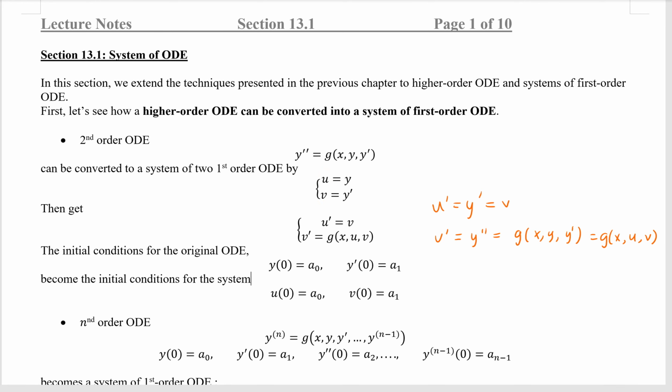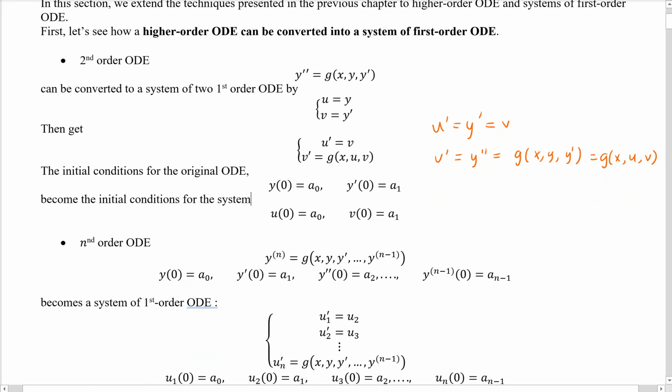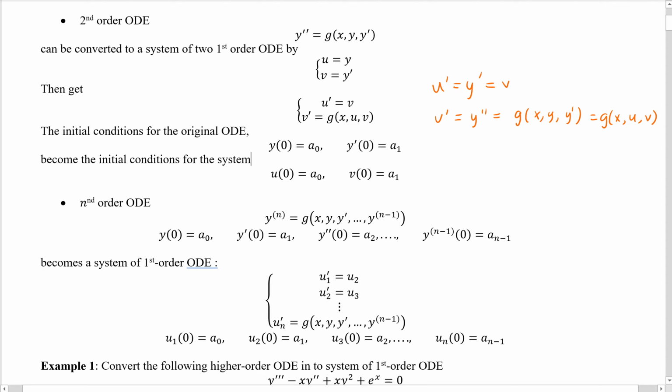So in general, for an nth order ODE, we create n new variables. Let u1 be y, u2 be y prime, and un be the n minus 1 derivative of y.